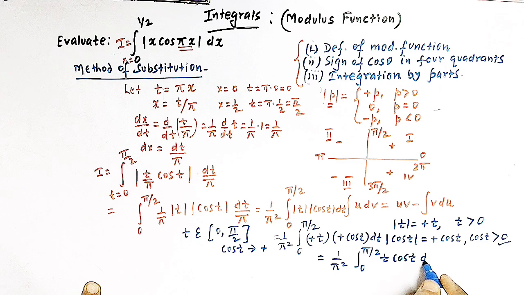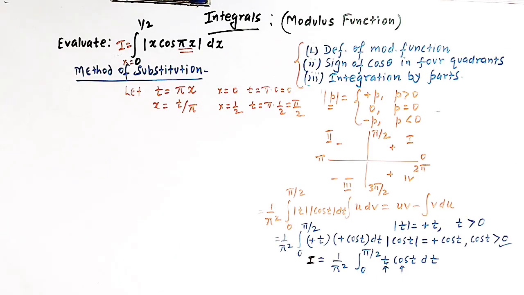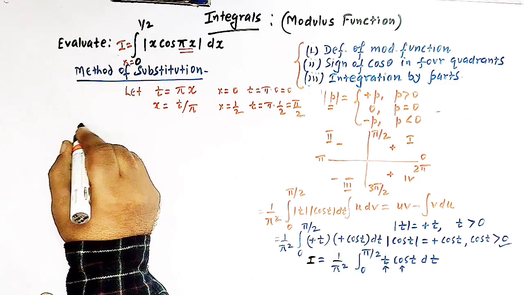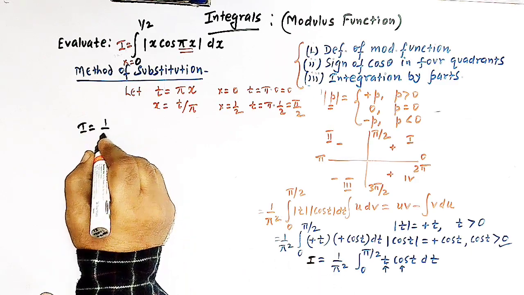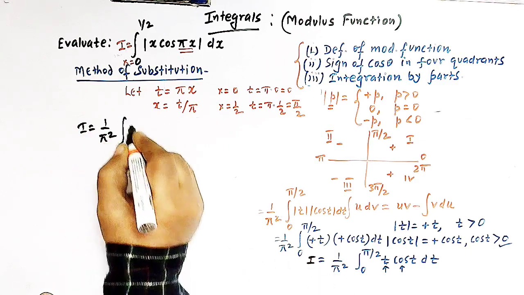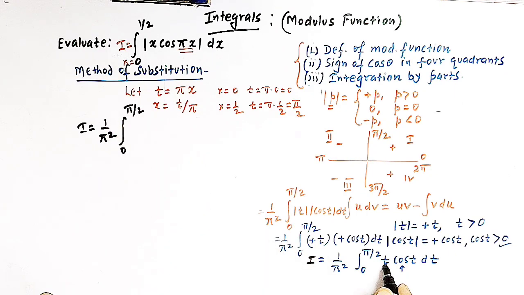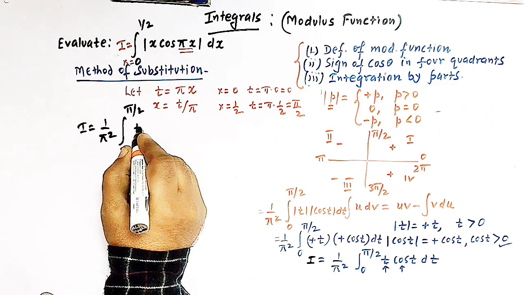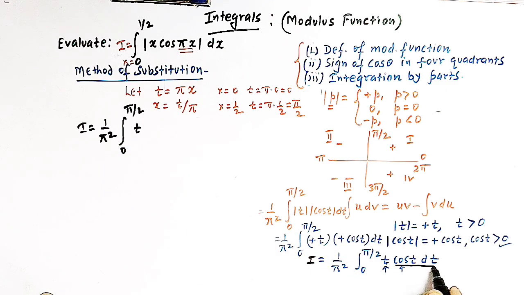Now here we can see that this is the product of two functions of t, right? So this function is a polynomial function and this is a trigonometric function, right? So now we can write the integral I as 1 over pi square, and we have 0 to pi by 2, and here we have t cosine t dt. So we can now write t and then cos of t dt.